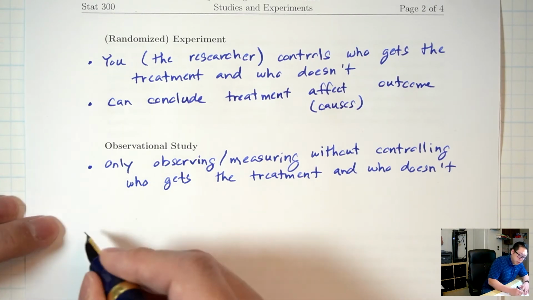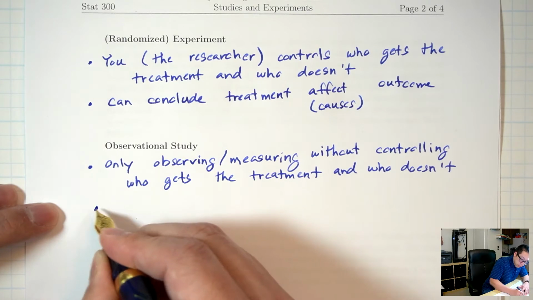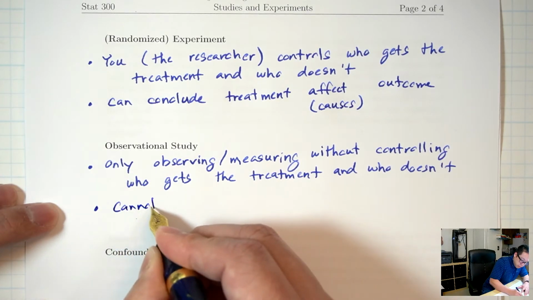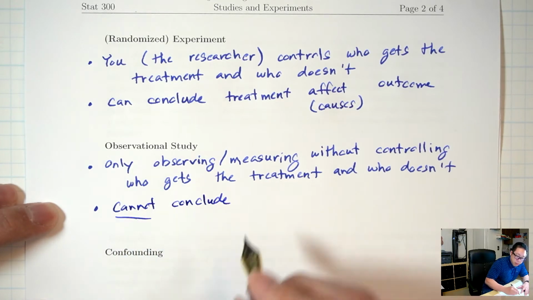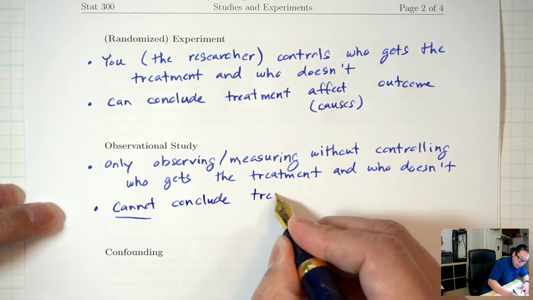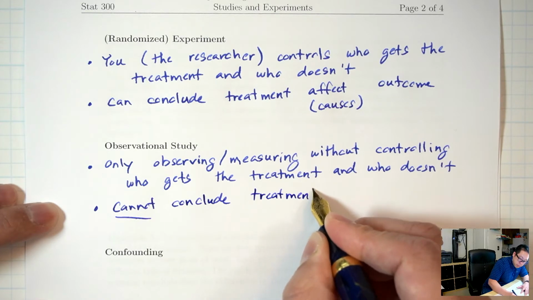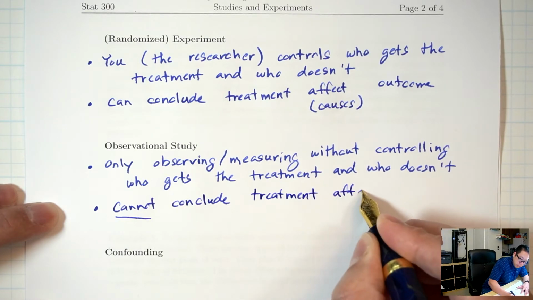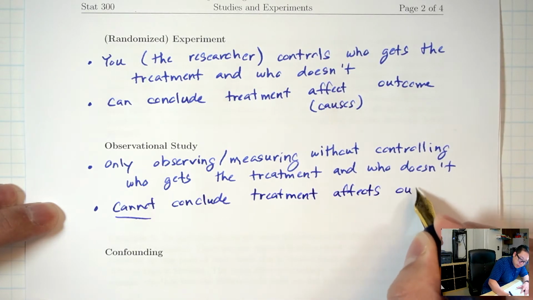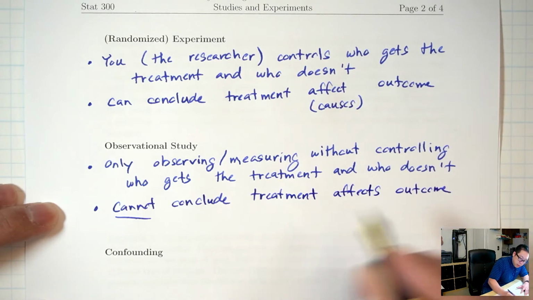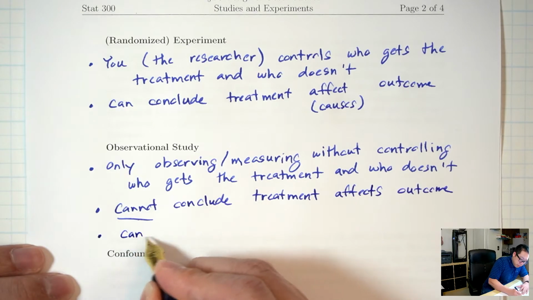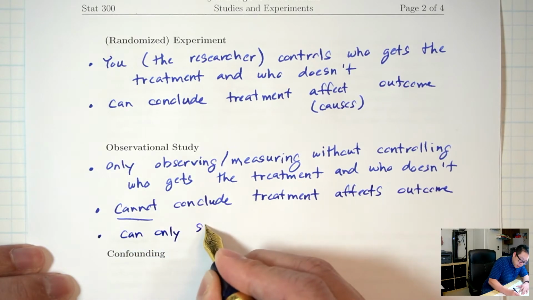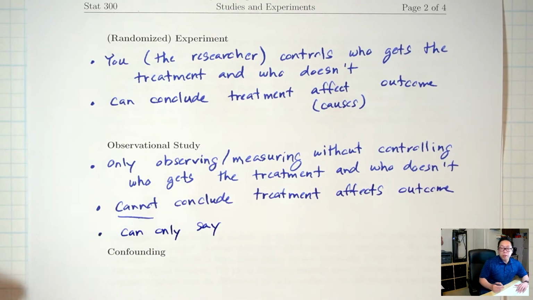So in an observational study, you cannot conclude that the treatment affects the outcome. The best you can really do is to say that the treatment is associated with or is related to the outcome.